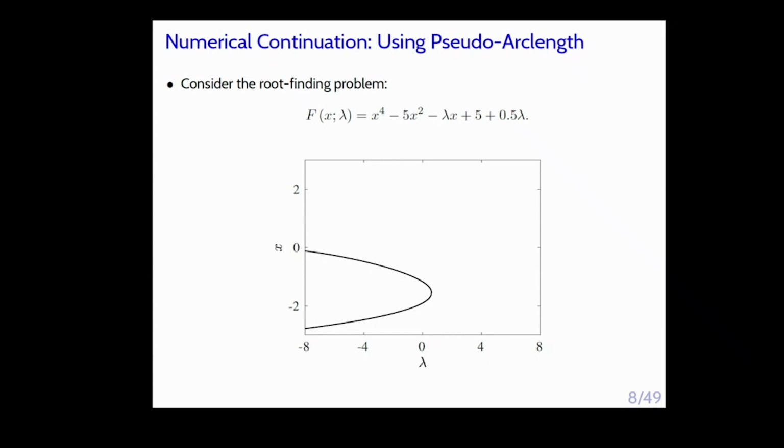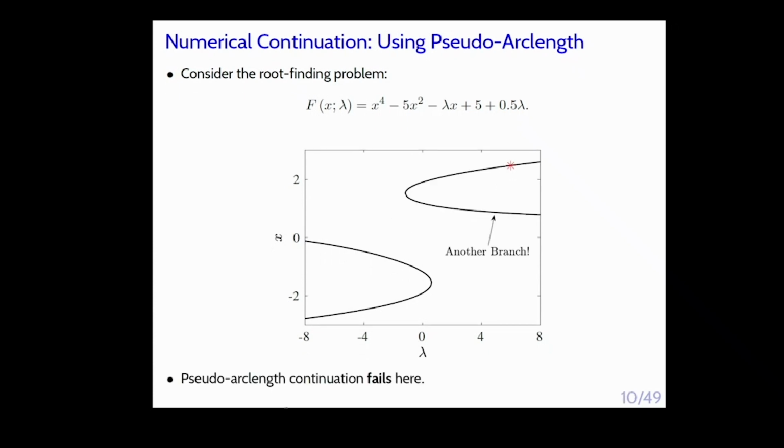You don't know this a priori. So if you're brave enough, you can start playing with different guesses. And you might be lucky, and you might find another solution, which is distinct. It doesn't belong on this branch. You use again the pseudo-arc length continuation method, and then you find another branch here, which is distinct from the one that you started with. So in that sense, the pseudo-arc length continuation method cannot tell you anything about the existence of another branch.